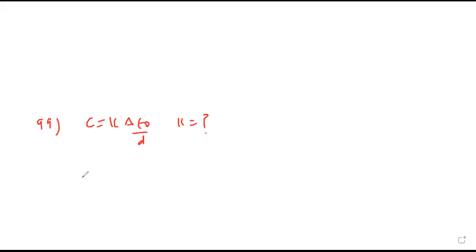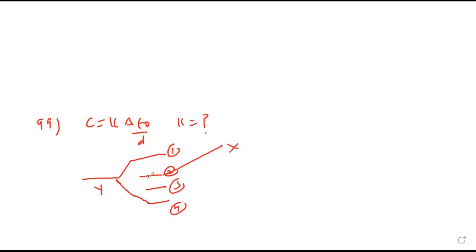These are plates, 4 plates: 1, 2, 3, 4. The second is connected to X. 1 and 4 are joined together. Between these plates, the dielectric constants are given as 3, 5, 3, 6.